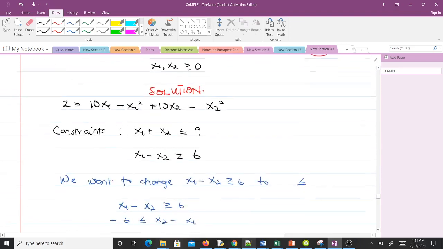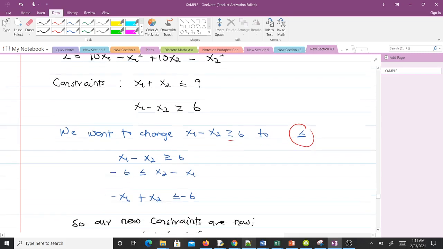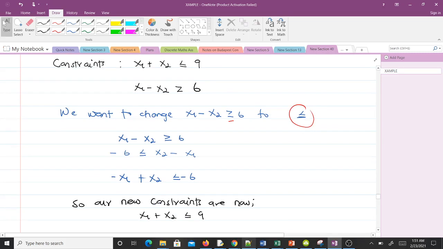Okay, so we want to change this to contain this inequality instead of the greater than or equal to. So we have x1 minus x2 greater than or equal to 6. If we decide to bring the 6 here, we get negative 6 less than or equal to x2 minus x1, which can give us minus x1 plus x2 less than or equal to minus 6.